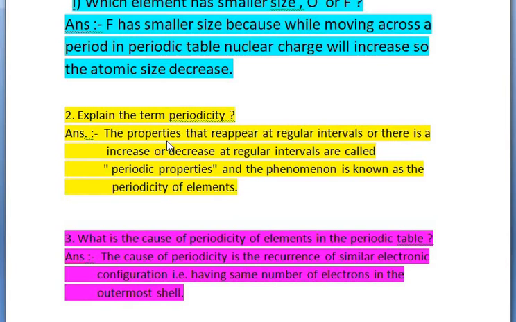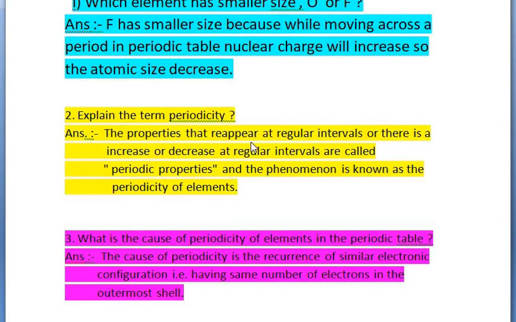They will come in the same way after a certain period of time. If a needle is of seconds, it will tell us the seconds. Then after every 60 seconds, it comes on the 12 again and again. So this is the periodicity which is repeating itself after a certain period of time.